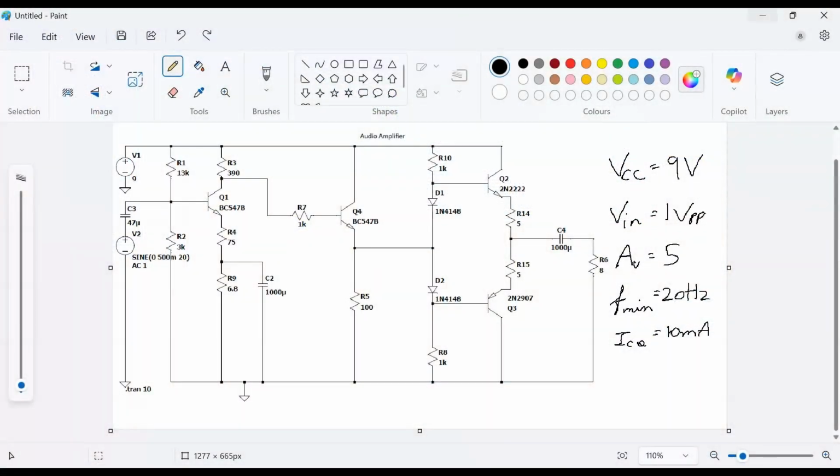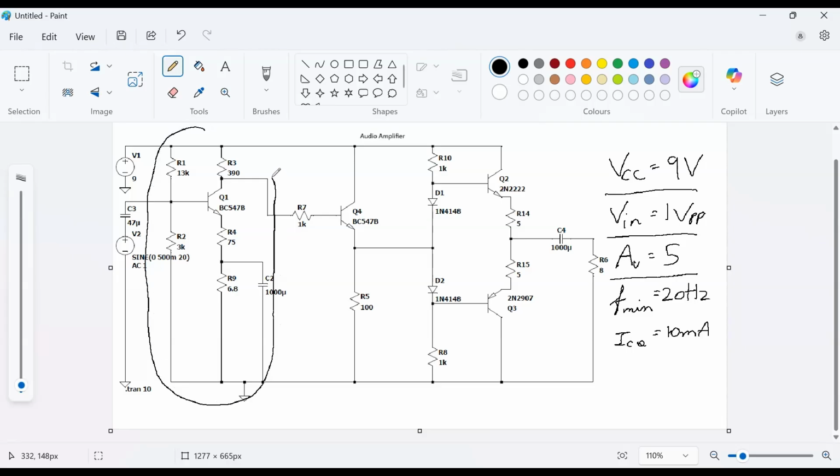Let's analyze the circuit of the audio amplifier. So this is the circuit, and the values that you see on the right are the specifications of the amplifier. So we have chosen a VCC of 9 volt, Vin of 1 volt peak to peak signal. The gain of the CE stage of the amplifier is 5, which is the gain provided by this part of the amplifier.